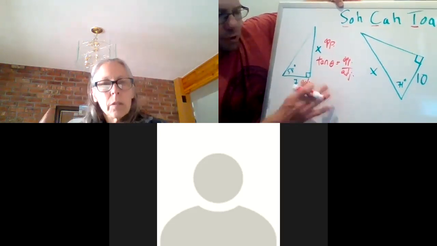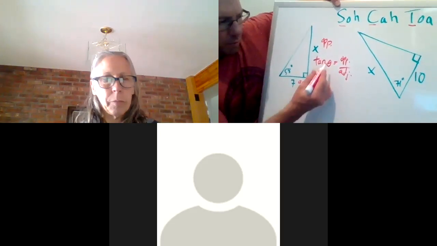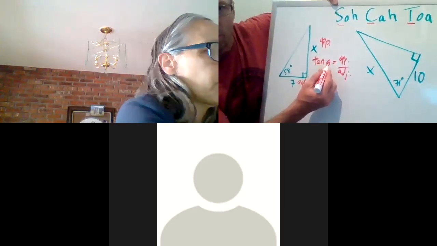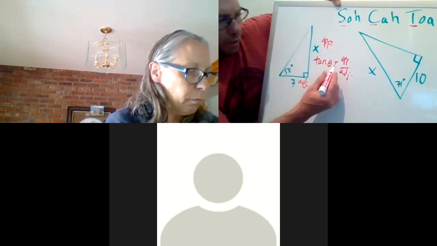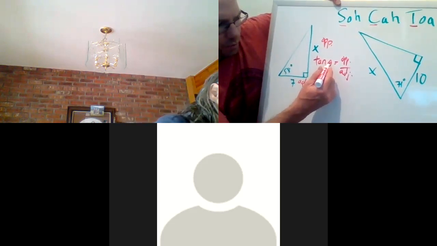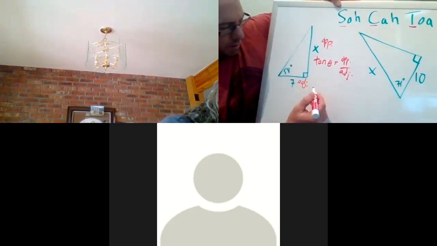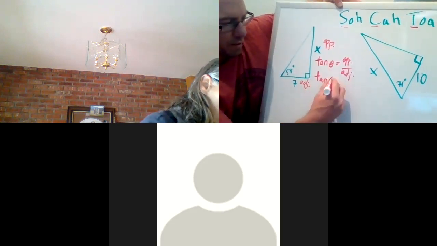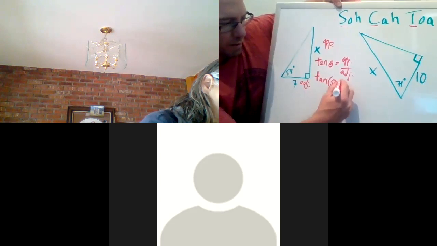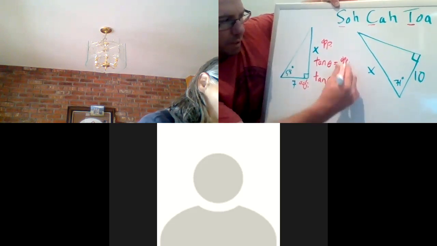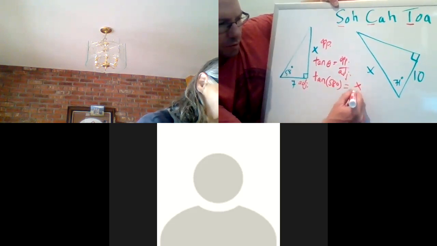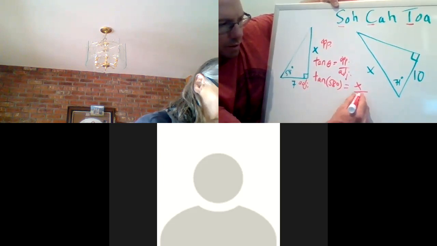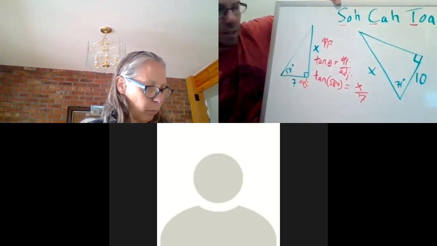Theta is just a Greek letter that we typically use for an angle in math. My angle is 58 degrees, so tan of 58 equals my opposite side, x, over my adjacent side, 7.